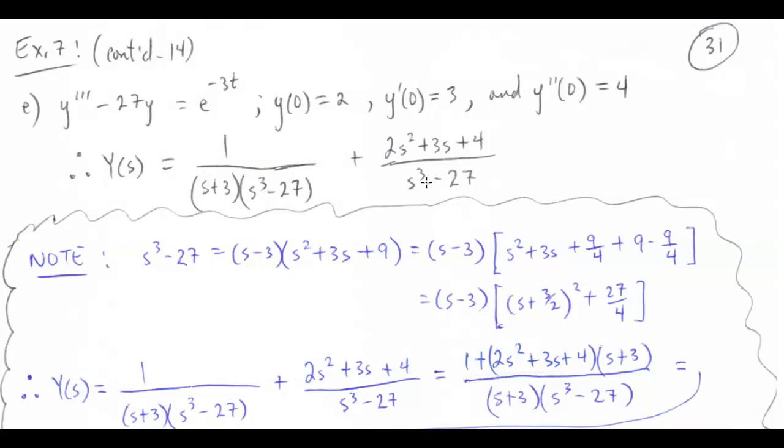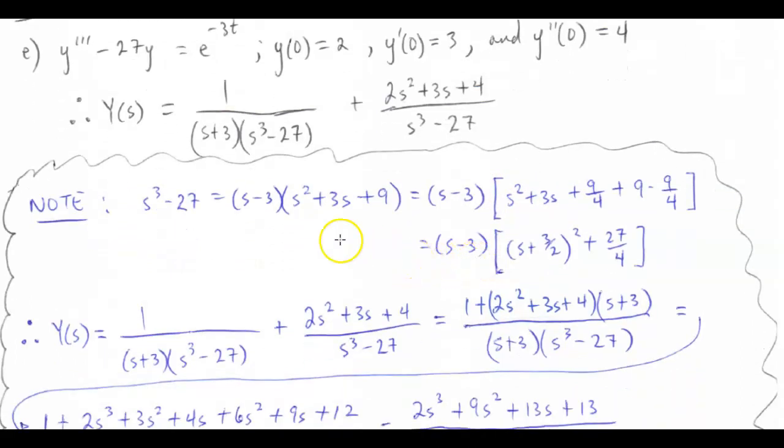But once we do what we can with the cover-up method, we're just going to do algebraic manipulation to figure out what our remaining constants will be in doing that whole partial fraction expansion process. So we note here that s cubed minus 27 is just the difference of cubes.